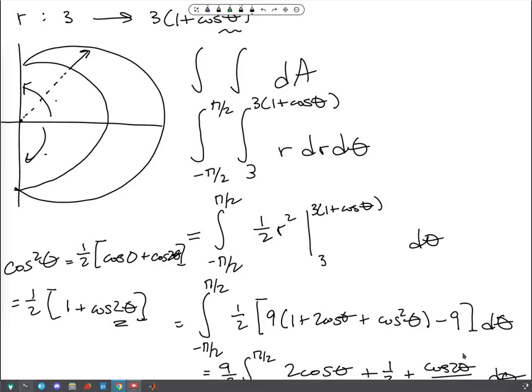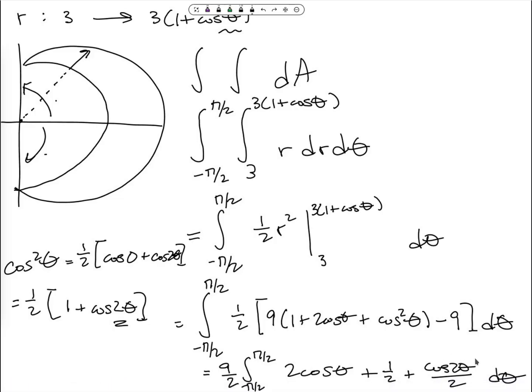And then just do this one with a u sub on 2. Sort of u equals 2 theta. So du is 2 d theta, or d theta becomes du over 2. And then you should be able to finish out this problem. So thanks for the request for today, and good luck, everyone.